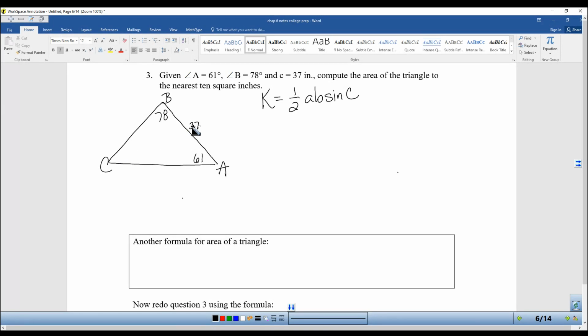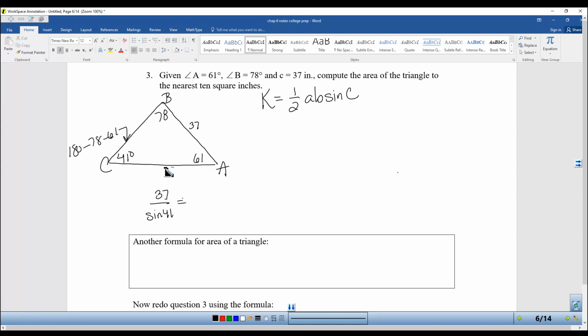So in order to use the law of sines, I do need a matched pair. So of course, I'm going to do 180 minus 78 minus 61 to get this angle of 41. That's how you get that. Now that I have a matched pair, 37 is to sine of 41, and it doesn't matter to me which one you find.